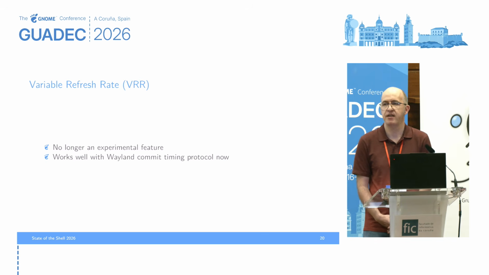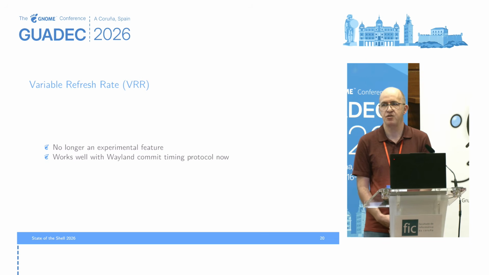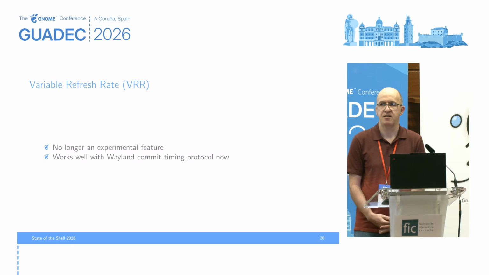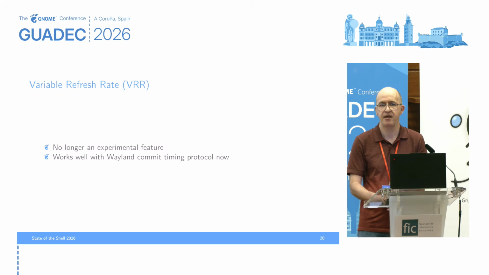For example, the VRR support in Mutter now also works well when the Wayland client uses the commit timing protocol, which basically allows controlling the timing of when a frame is presented on the display. This is useful, for example, for frame rate limiters.